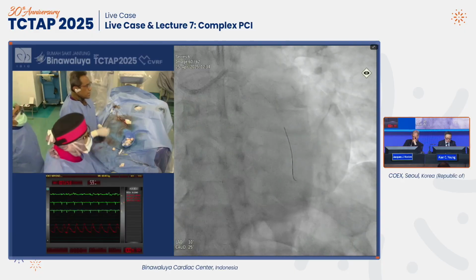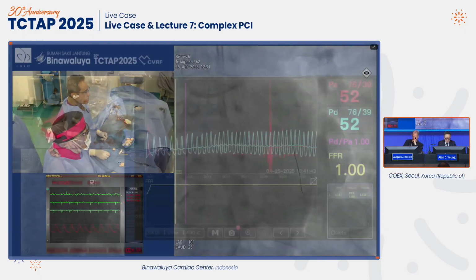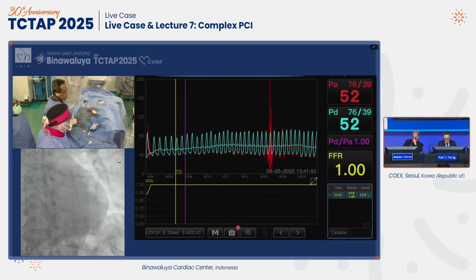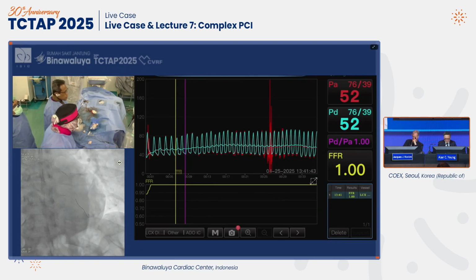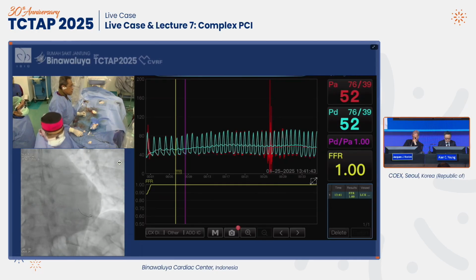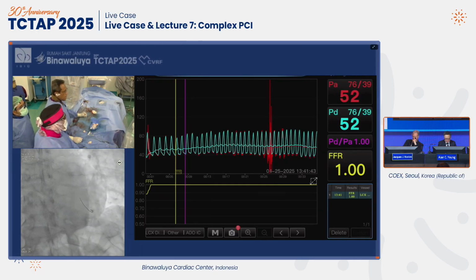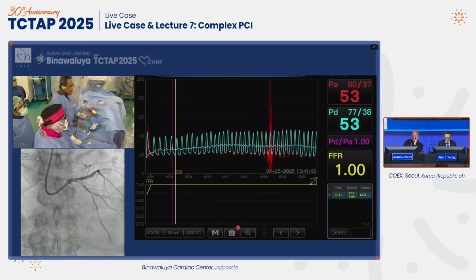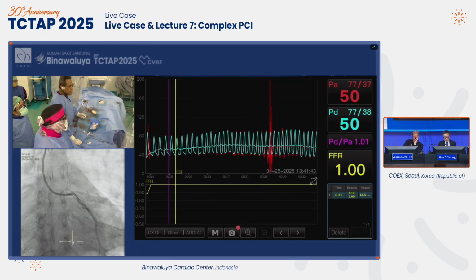It's not using the pressure wire, but a microcatheter, though everything is quite similar to using a pressure wire. If you look here, the FFR is quite normal, FFR is 1, and we used adenosine. So I don't touch the ostial circumflex.